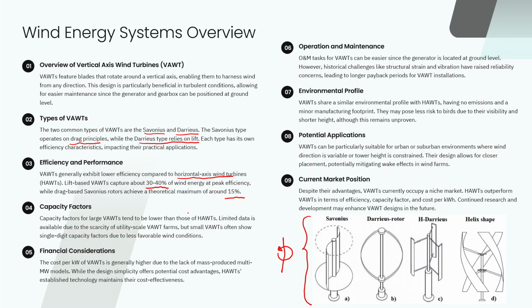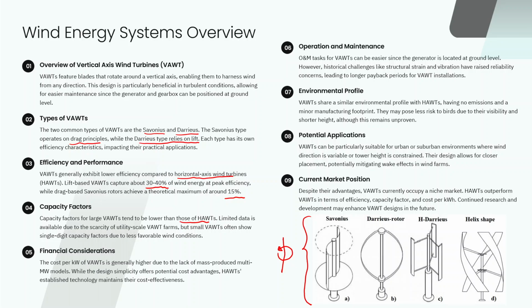If you look at the capacity factor of the vertical axis wind turbine, they tend to be lower than those of the horizontal axis wind turbine. But we have limited data, due to the availability of utility scale vertical axis wind turbines. There are not many utility scale vertical axis wind turbines.